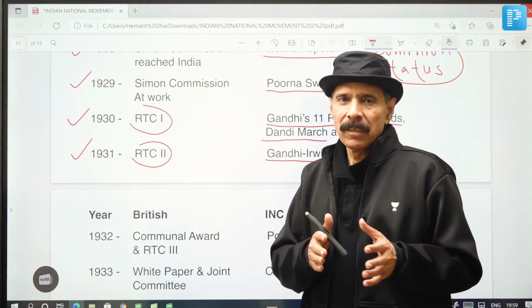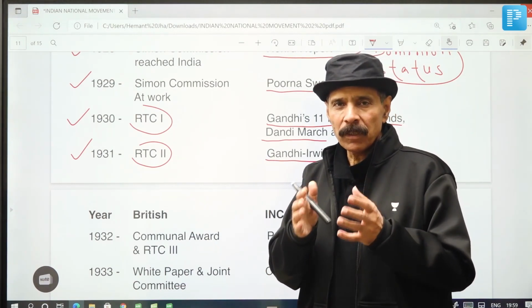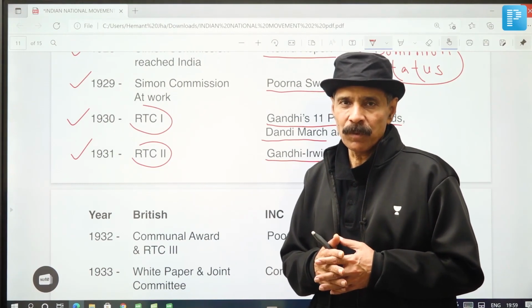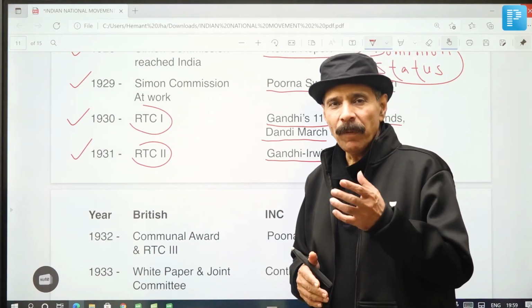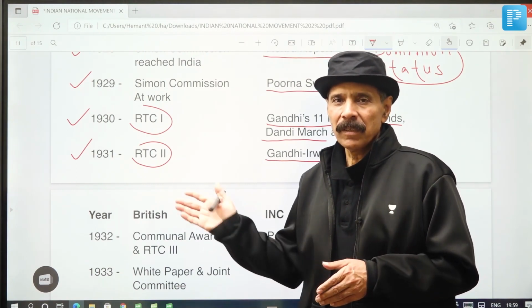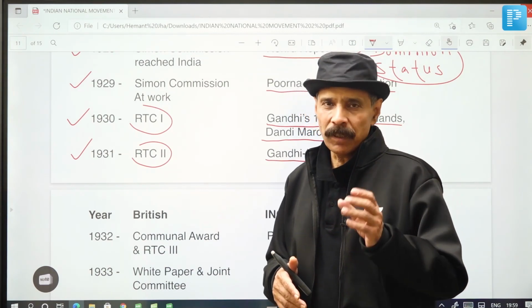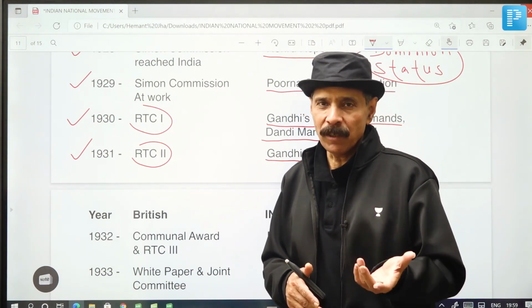The British had no bona fide intention to give anything worthwhile under constitutional reforms. And they were hell-bent upon dividing Indians because in these conferences, Britishers were supporting the divisive forces, like the demand for separate electorates, for example.